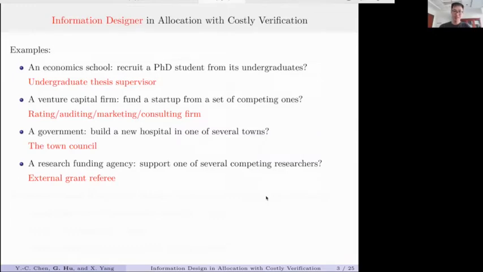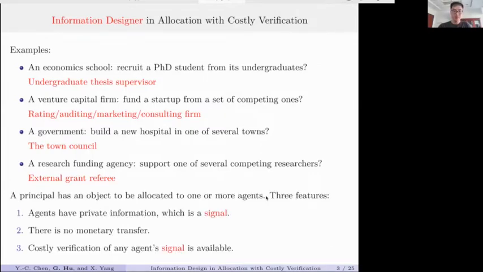And lastly, in the problem we are familiar with, both the research funding agency and the researchers rely on the external referees' viewpoint to decide what would be the allocation value.